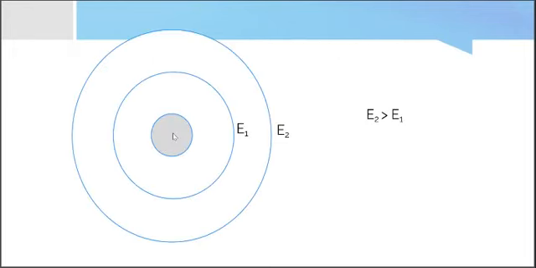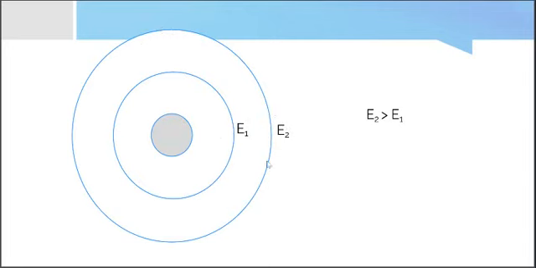This is an atom. Let us take this atom for example. This is the first shell, so its energy level is E1, and this is the second shell, its energy level is E2. As we move away from the nucleus, the energy of these electron shells increases.